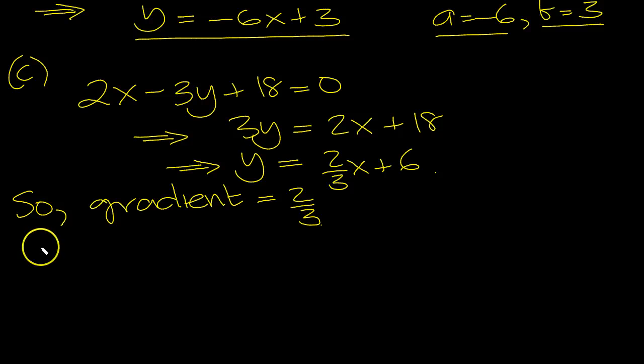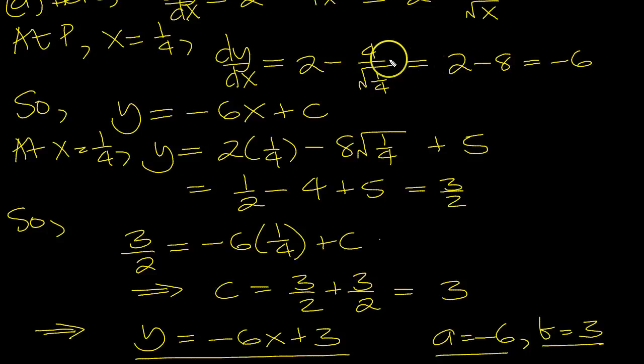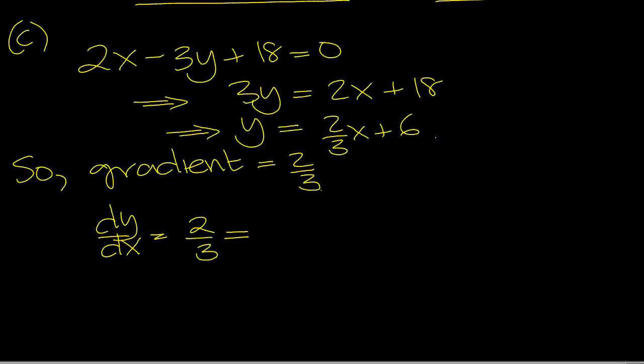So dy dx then must equal 2/3 and it must also equal the derivative. What have we got? 2 minus 4 over the square root of x, isn't it? So what have we got then?